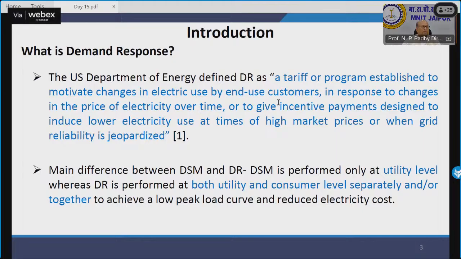For an example, the government will bring out a policy that the lights will be switched off alternatively in the streets across the country to reduce the evening peak. For an example, instead of having too much brightness, let us reduce the brightness or switch off one light alternatively if you have an automatic program.